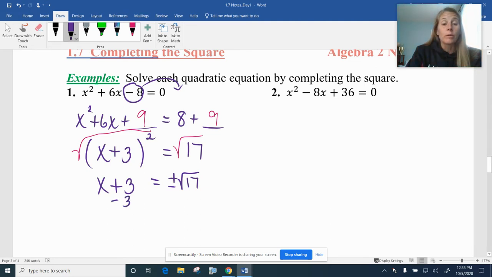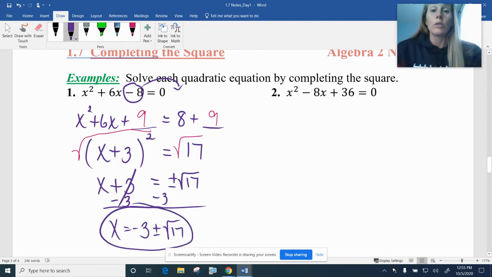So now we're going to move that 3 over to get the x by itself. X equals negative 3 plus or minus radical 17. And that would be our 2 solutions for that problem. Now remember, it's 2 solutions because of that plus minus. So negative 3 plus radical 17 would be one of your solutions or x-intercepts. Negative 3 minus radical 17 would be your other one.